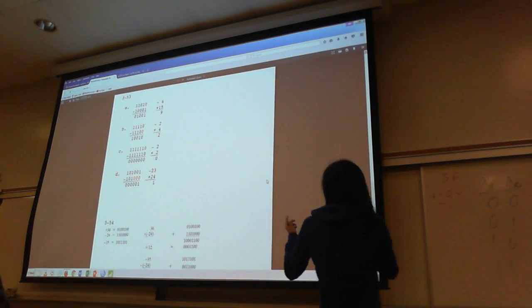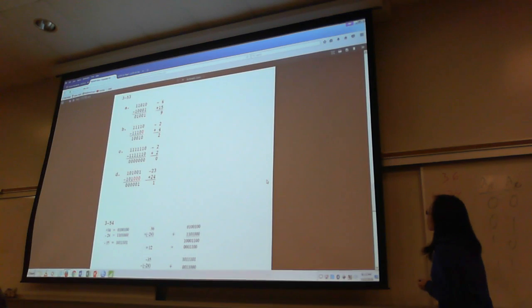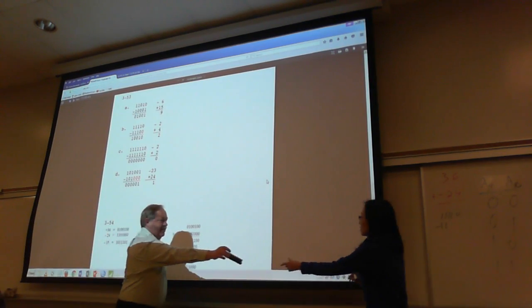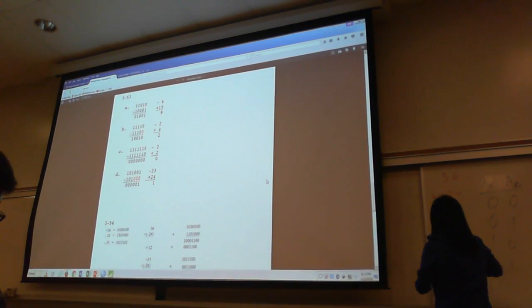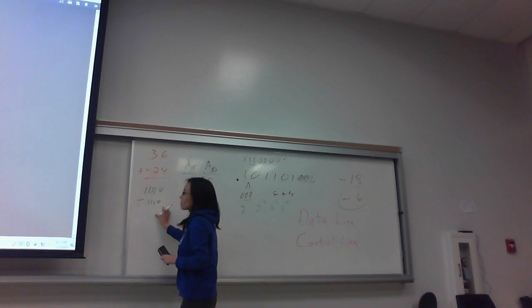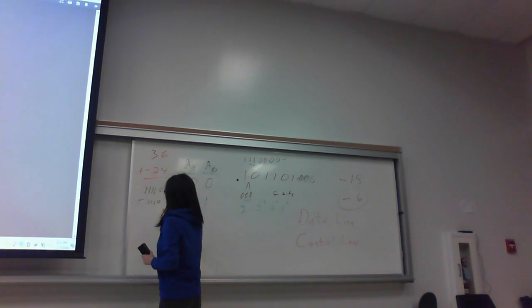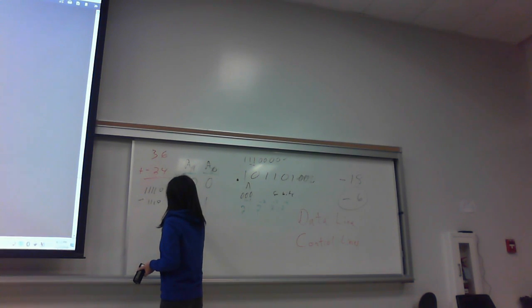So the original number is 11110 minus 1110, right? It's originally a 4-bit number, right? So if it's a signed 2's complement number, it's -2.